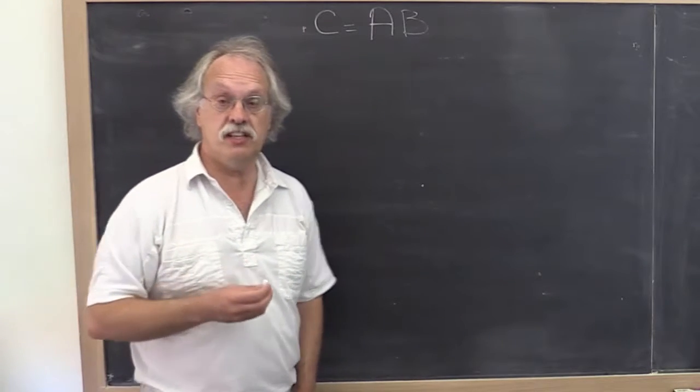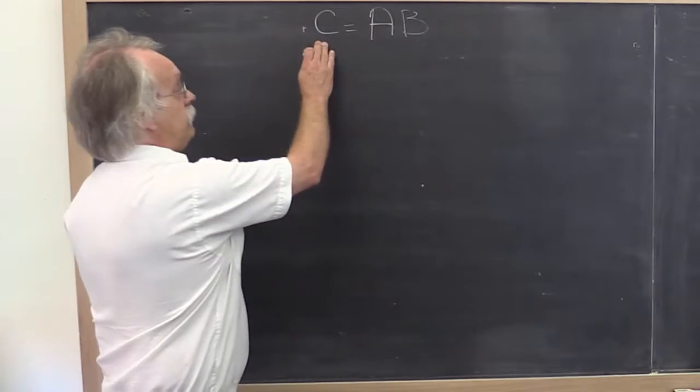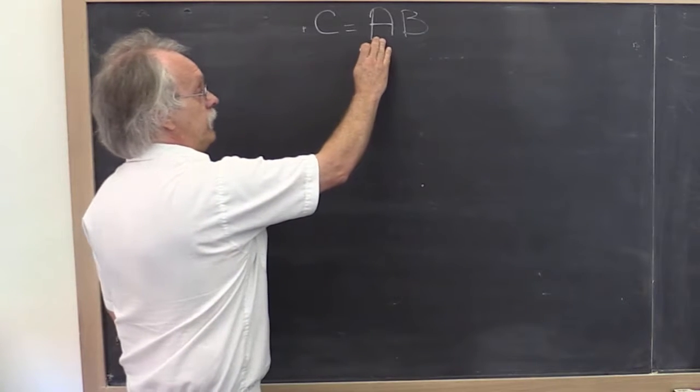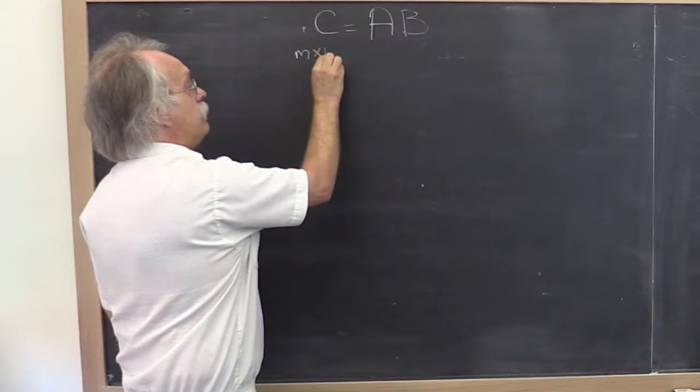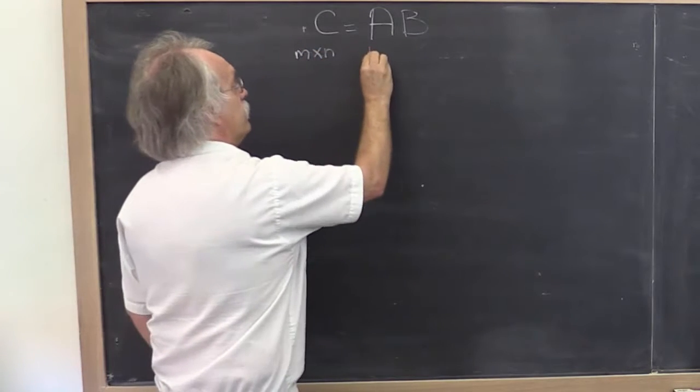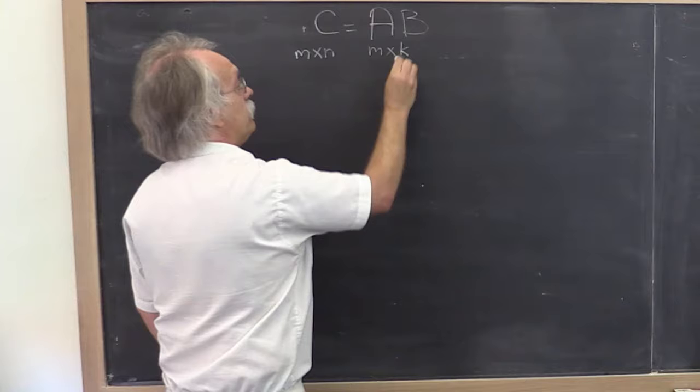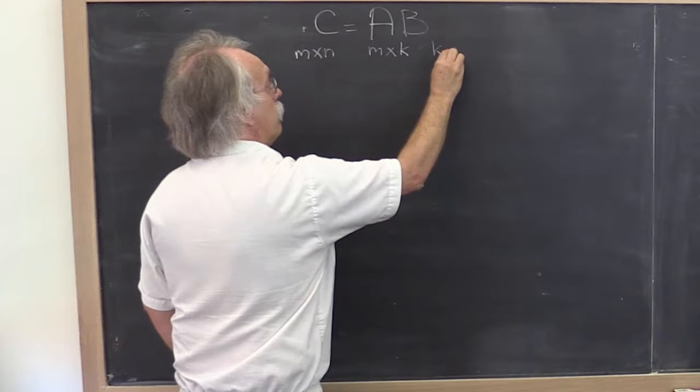Anyway, what's this operation? You have a matrix C and you compute it as A times B. If C is an M by N matrix, then A is an M by K matrix and B is a K by N matrix.